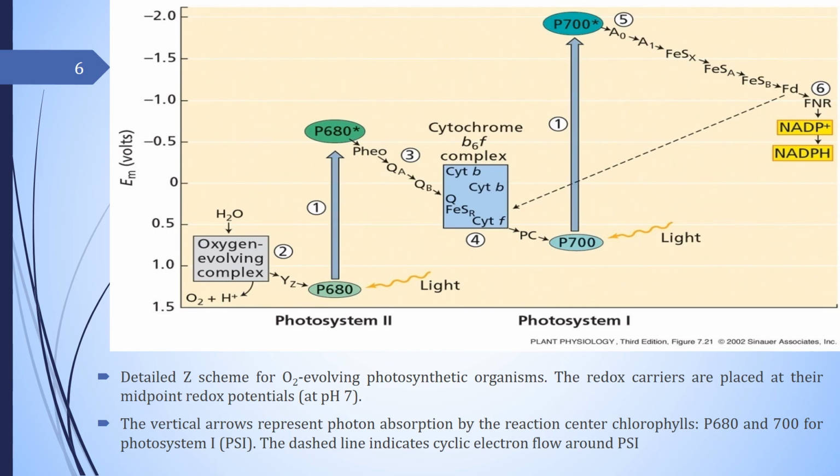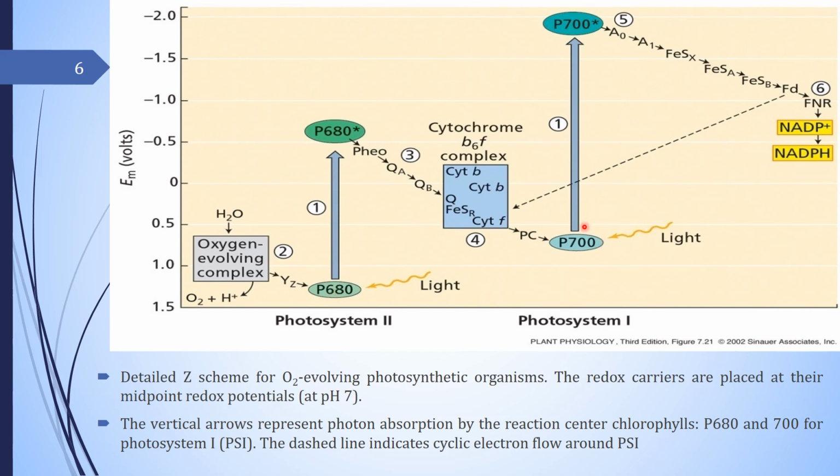Here is the detail of the Z-scheme for oxygen-evolving photosynthetic organisms. The redox carriers are placed at their midpoint redox potential at pH 7. The vertical arrows represent photon absorption by the reaction center chlorophyll, P680 for photosystem 2 and P700 for photosystem 1.